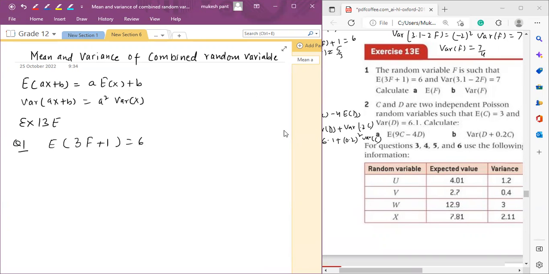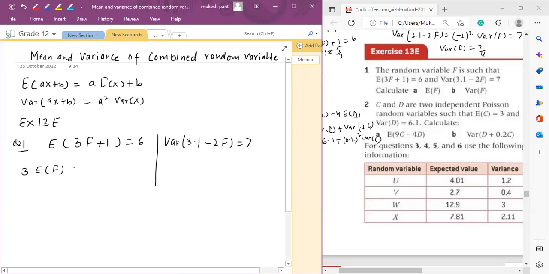And the variance is also given. Secondly, we have the variance of 3.1 minus 2F equals 7. So calculate E of F and the variance of F. So we will use this formula.